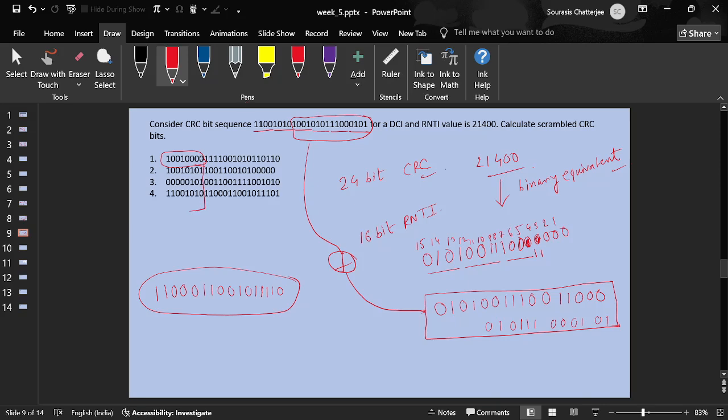Sir, I think the last two bits are 10, not 01, in the answer you wrote. Okay, you are saying here, right? Yeah, correct. It should be 01. So what I see here is that the fourth option is coming out correct if I consider the last 16 bits.